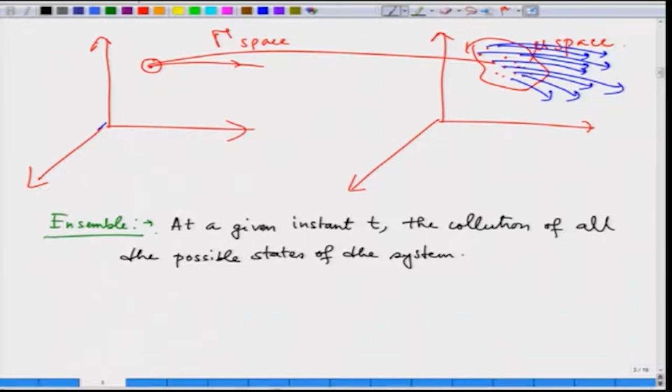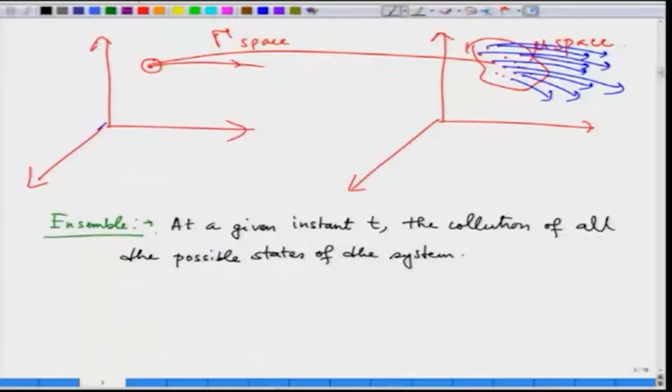So, for every second you have one single point of gamma space. Then after a sufficiently long time, you have a collection of such gamma space points. Then you say, if the system is ergodic, then instead of observing the system throughout this long time interval, let me do an equivalent approach.